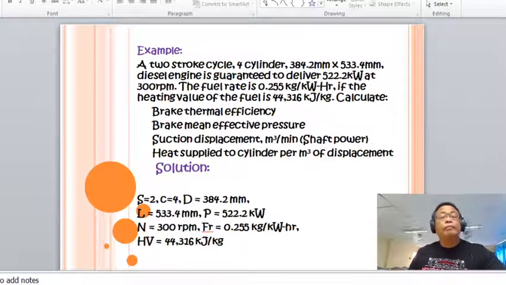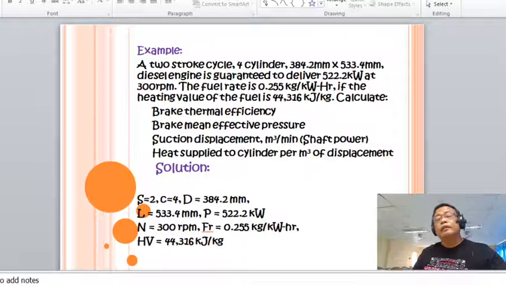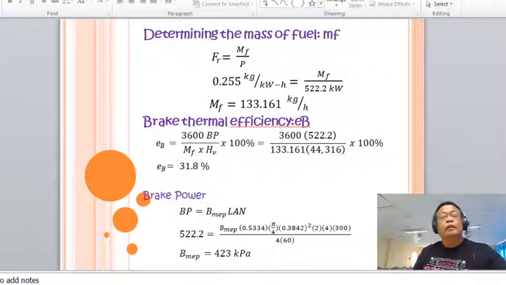Given: the number of strokes is 2, the number of cylinders is 4, the diameter of the bore is 384.2, the length of stroke is 533.4, the power is 522.2 kilowatts, the number of RPM is 300, the fuel rate is 0.255 kilogram per kilowatt hour, and the heating value is 44,316.